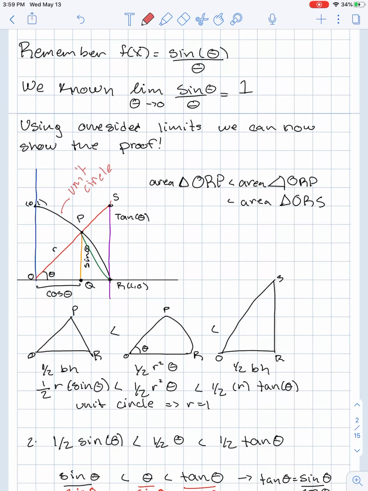Okay, so this is the unit circle, so R is 1, R being the radius, not this point R. And we can see by this picture that the area of the triangle O, R, and P, the black, green, and red one, is going to be smaller than the area of the sector that it's in.